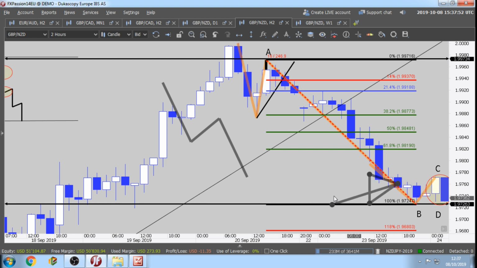Should we sell right now? We have a bearish engulfing candle. Should we go short? What do you think, everybody? You can say yes, let's go short. You can say no, don't go short. You can say wait. You can say I don't know.